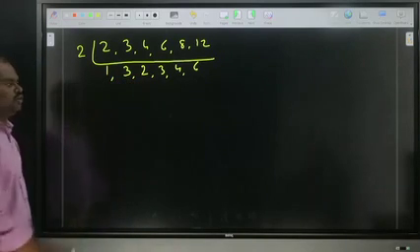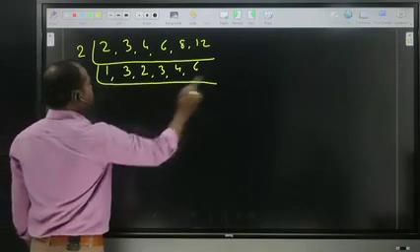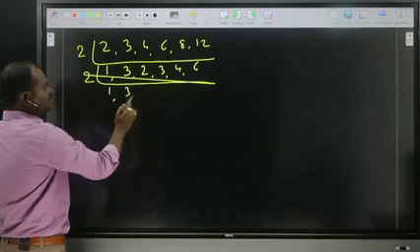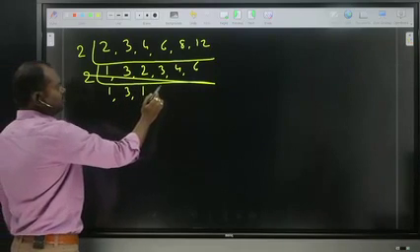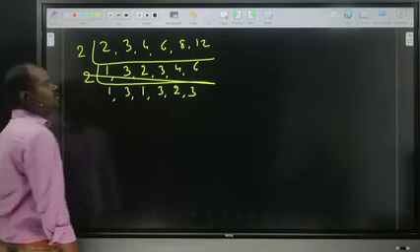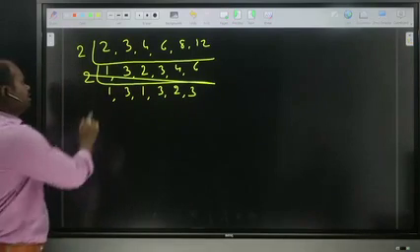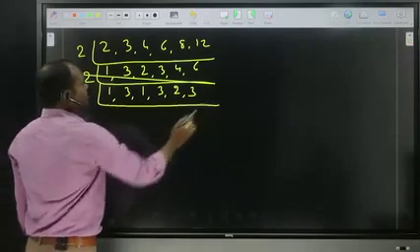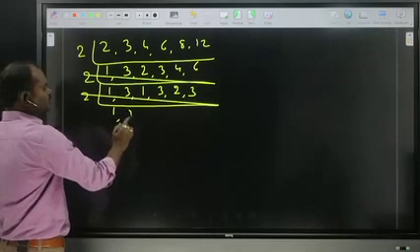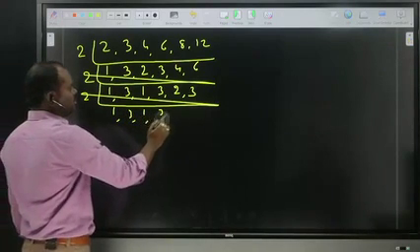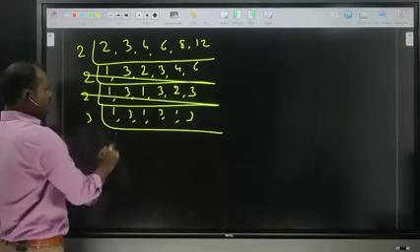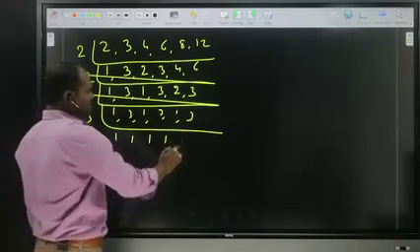Again we can take the 2 table: we get 2 and 4. Again we can take the 2 table: 1 we can't get, 3 we can't get, 2 ones are 2, 2 twos are 4, 2 threes are 6. Next we can take the 3 table: 1, 1, 1, 1, 1, 1.